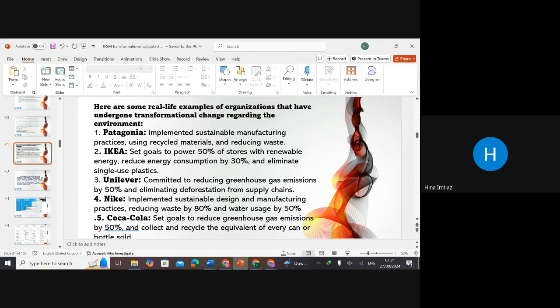They are reducing water usage as well. It's very impressive that they are thinking about air, water and resources, and they are claiming that they will use 100% recyclable and reusable packaging material by 2025.